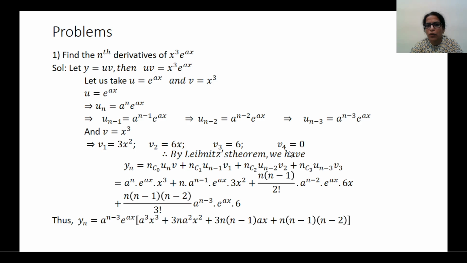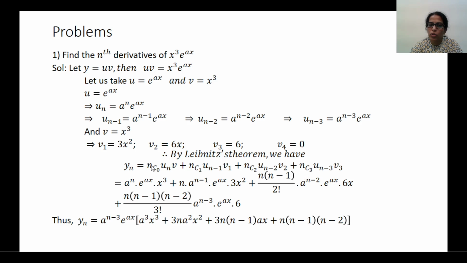Because v4 is 0. The next term is nC4 u(n-4) into v4, and 0 into anything is 0. Since v4 itself is 0, v5 is also 0, v6 is also 0, all the other terms will be 0. So, just substitute these values.